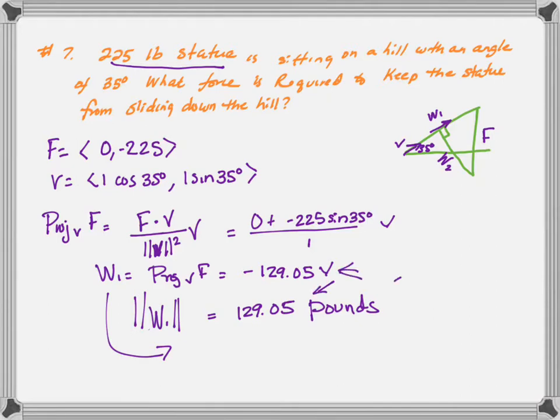You can certainly do the square root of, well, you'd have to do negative 225 sine 35, which is negative 129.05, and then V is cosine 35, sine 35, and so you would multiply that through and then take the magnitude, but you're going to get 129.05 pounds back again, because again this is the unit vector. So that's the answer, 129.05 pounds.